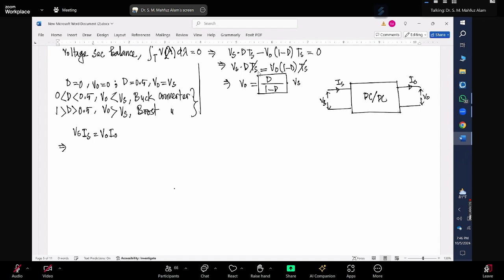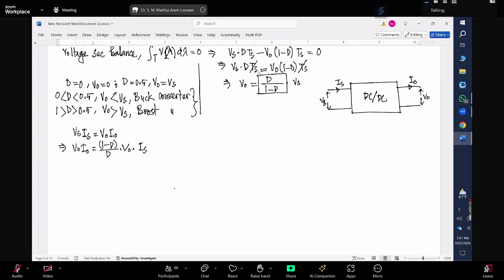Now, what we can write here is V naught I naught. If I push it here, what is Vs? From this equation, we can write Vs as 1 minus D over D multiplied by V naught, and then we have Is.